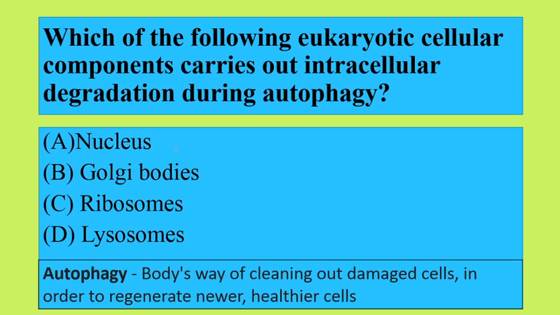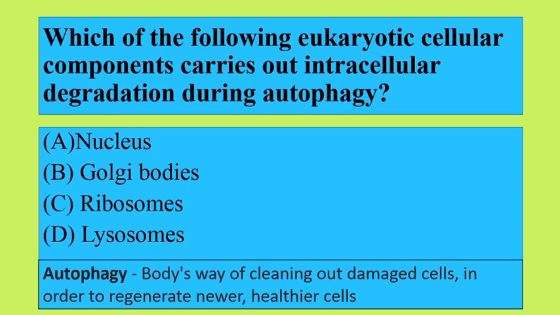So you have different organelles within a cell: the nucleus, Golgi bodies, ribosomes, lysosomes. If you have studied the organelles, you must be familiar with hydrolytic enzymes. Which organelle consists of hydrolytic or degrading enzymes? The lysosome consists of degrading enzymes like proteases, nucleases, lipases.